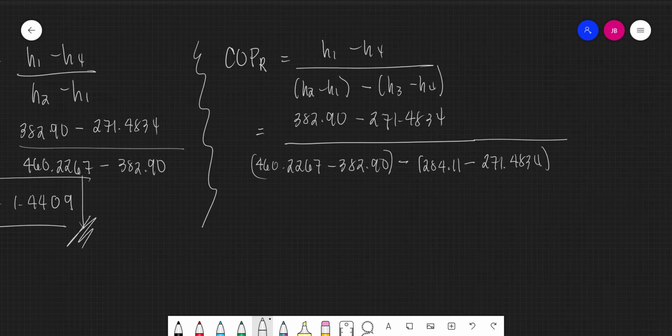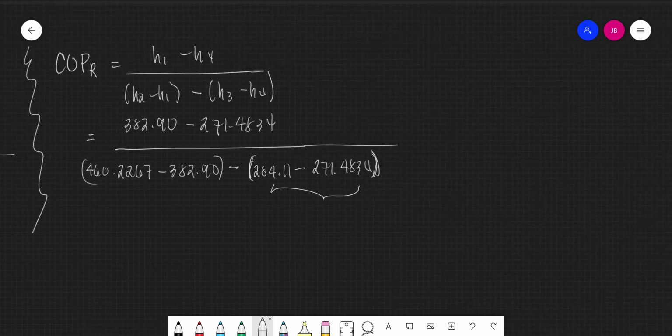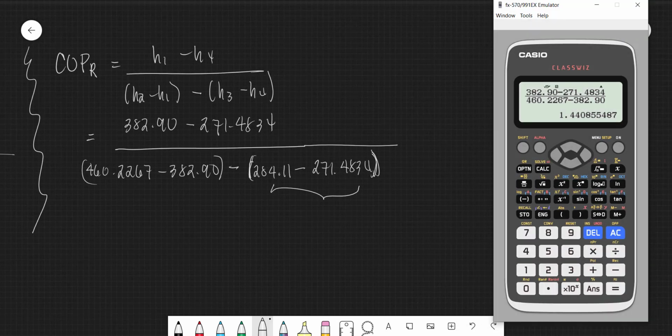So take note na itong dalawang quantity na to ay dapat naka-parenthesis. So let us just input these values in our calculator in order to solve for the COP recovered. So we have the COP for the recovered case that is equal to 1.722.